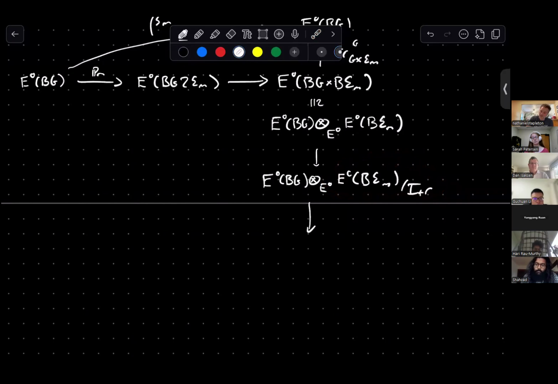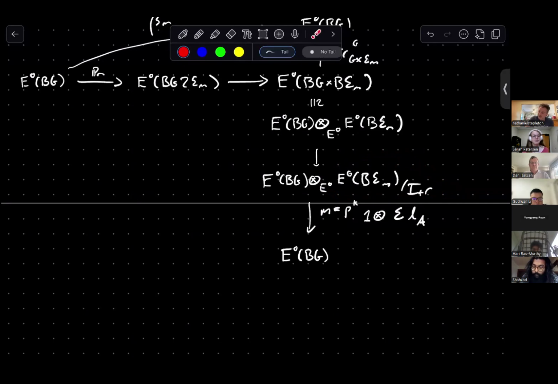And that turns out to be possible. It's just a little bit trickier. It's also only really interesting in the case that m is a power of p to the k. Then there's a map, which I'll call one tensor the sum of the L_A's, whatever that is, and this goes back to E naught of BG.